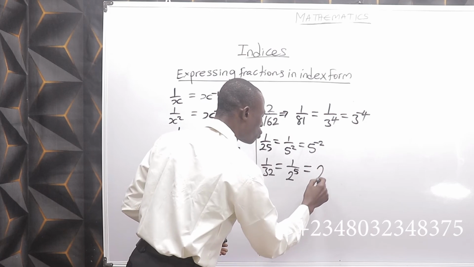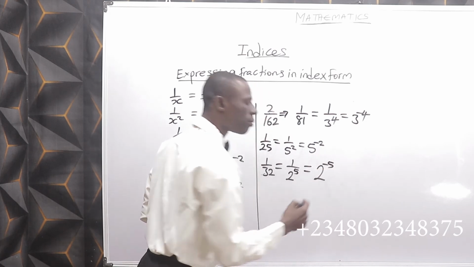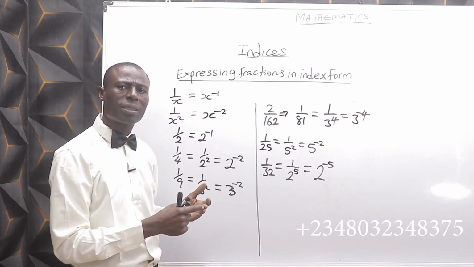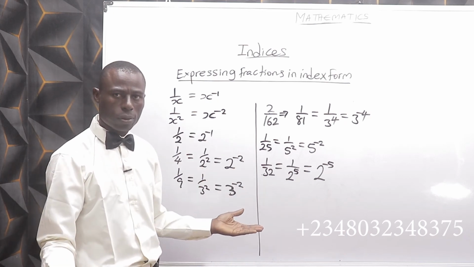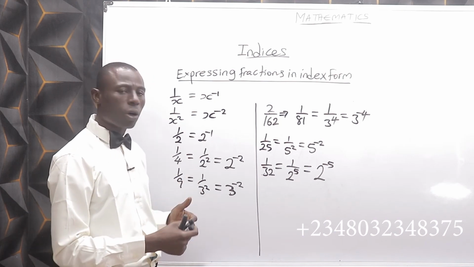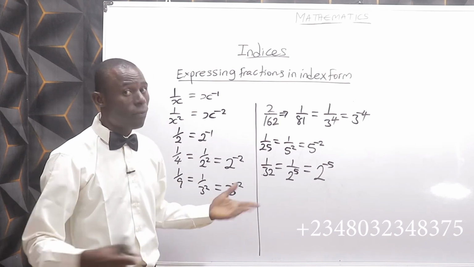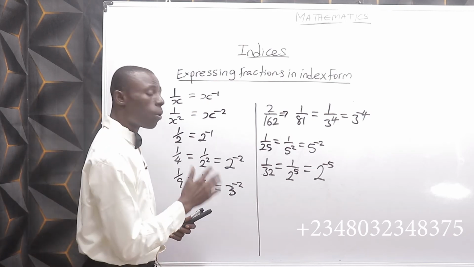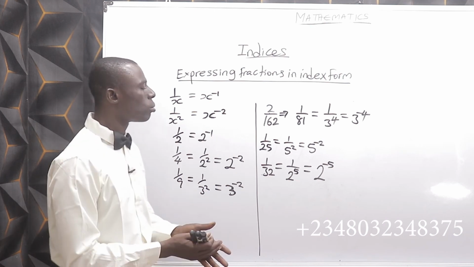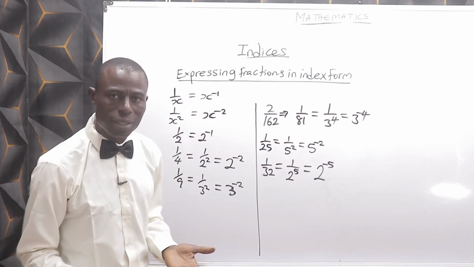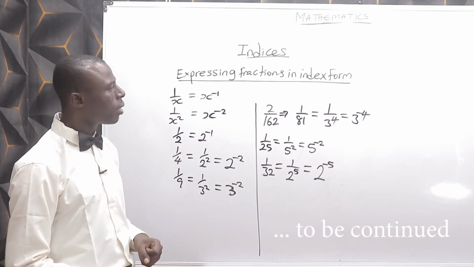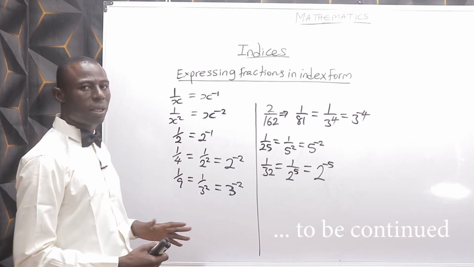And finally, 2 raised to the power minus 5. You must be very fast at breaking numbers into factors. And you write the numbers as a product of its factors. So that one will help you in this regard. So this is how we express numbers, especially fractional numbers, in index form. Let's move on to the next level here.